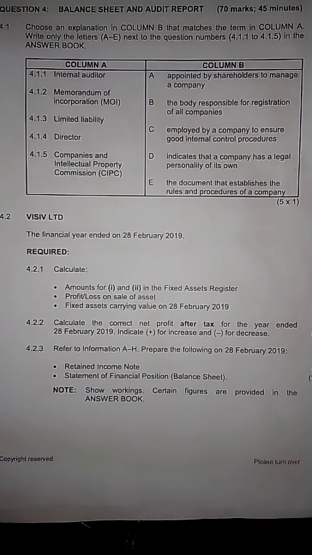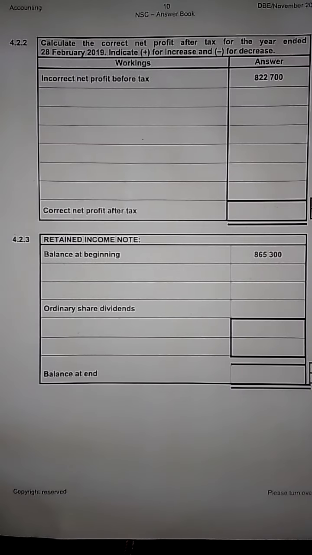You are only calculating the adjustments that you have been given. If you check the answer book that we are given, 4.2.2 for correct net profit after tax, you can see that it's a short space, which means that there is no need for you to write sales, cost of sales, gross profit, and so on. You are only adjusting for the additional information.